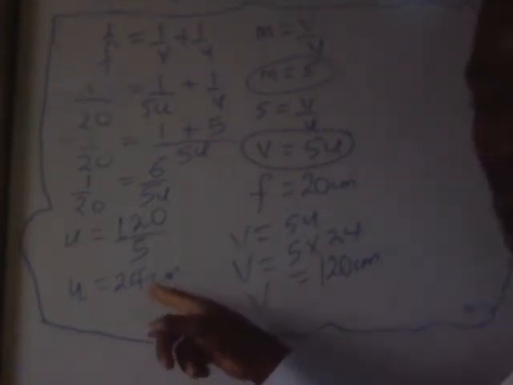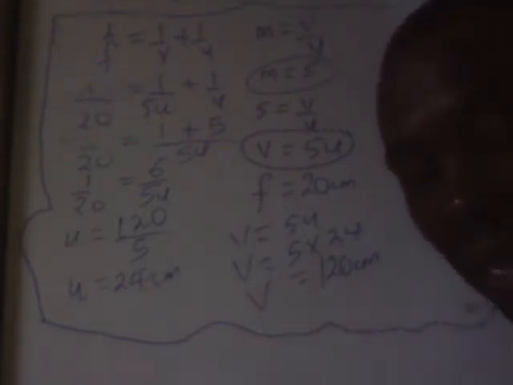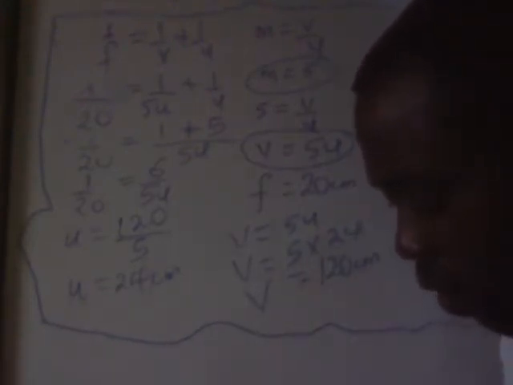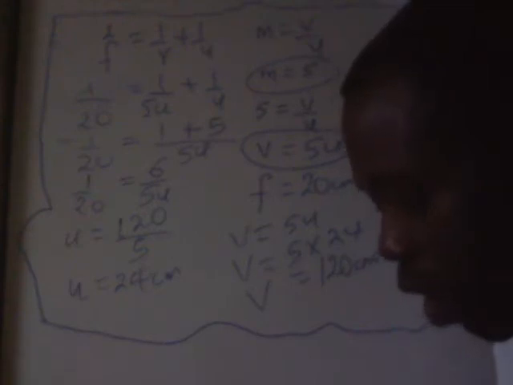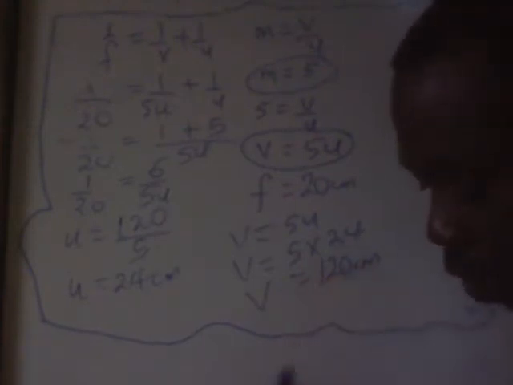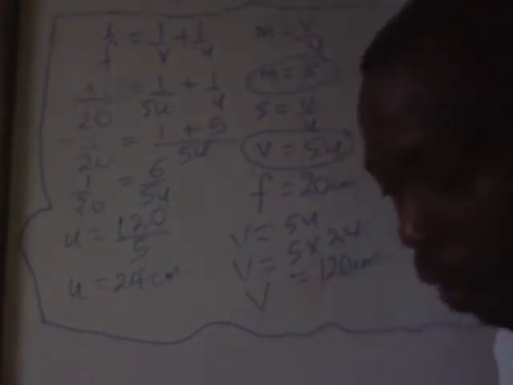So this is the final answer. If you stop at 24, the object distance, you see that 24 is in the option, but that's not the correct answer. So we have option A, 16 centimeter, option B, 20 centimeter, option C, 24 centimeter, option D, 100 centimeter, option E, 120 centimeter. So the correct answer is 120 centimeter. That's option E, number 25.